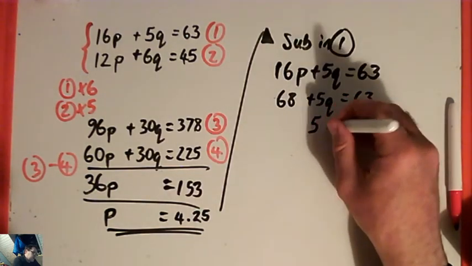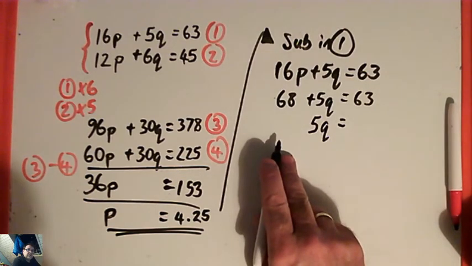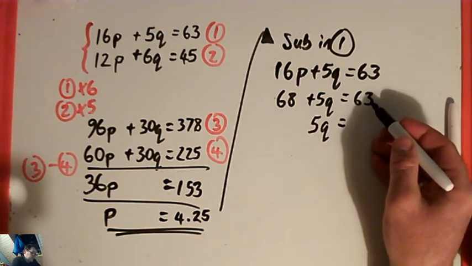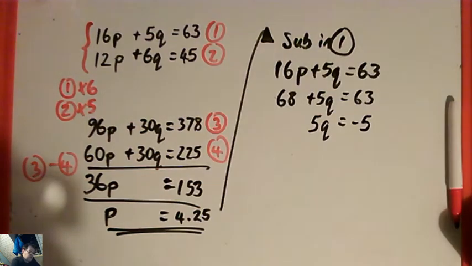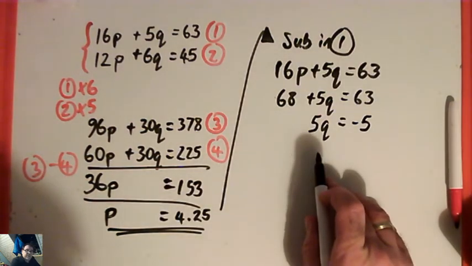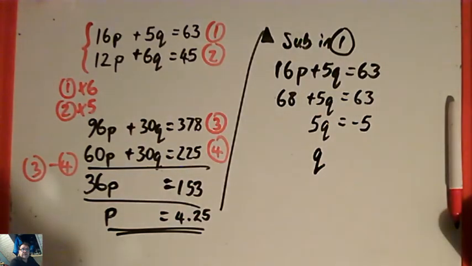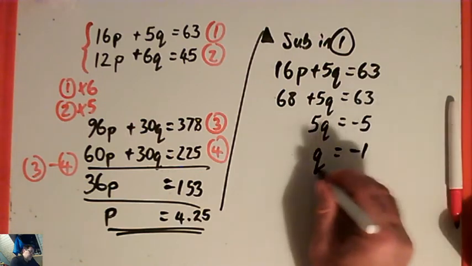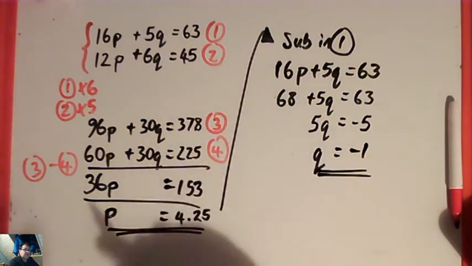I want to get the 5q bit on its own, so I'm going to have to take away the 68, but I've got to take away 68 the other side as well. So 63, when I take away 68, leaves me with minus 5. 5q equals minus 5. I want to know what a single q is, so I'll divide both sides by 5 to give me q equals minus 1. So I think that p equals 4.25 and q equals minus 1.